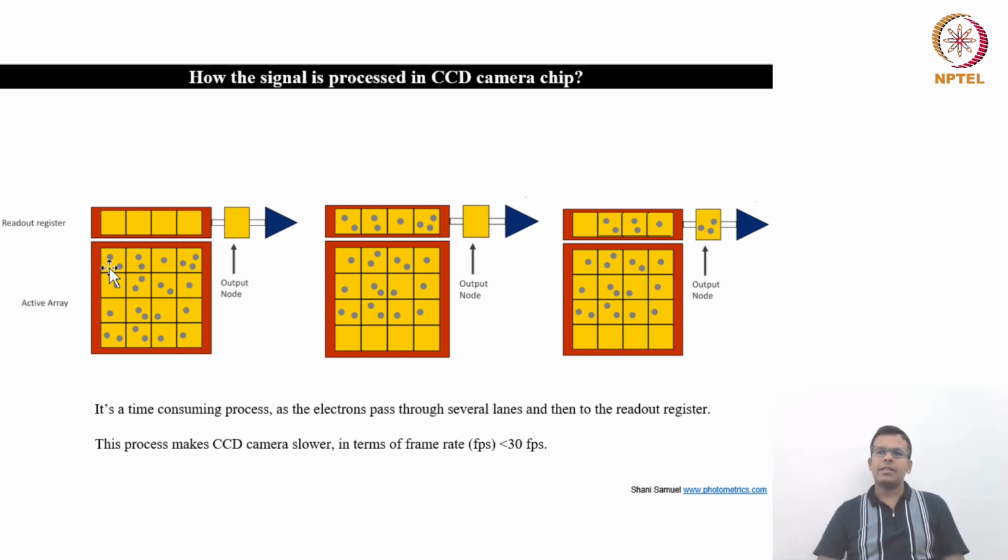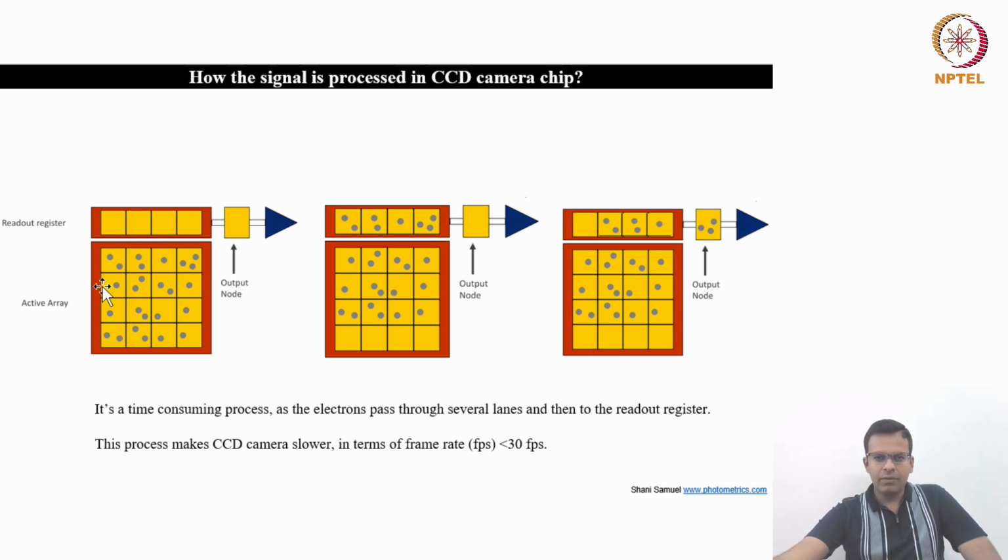Now the next stage is the camera chip has to send this data to your computer, and the computer should record that each pixel has this many electrons produced. So how does it transfer the data from the pixel to the computer? Along with this active pixel array, there is a panel known as a readout register.